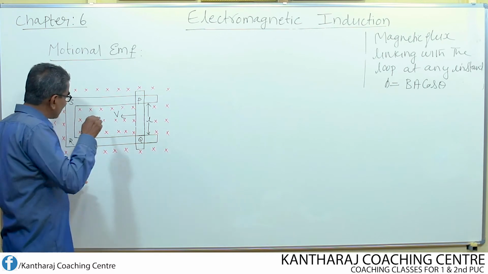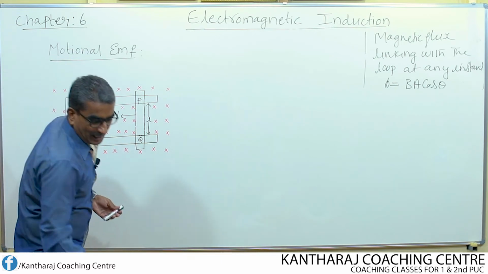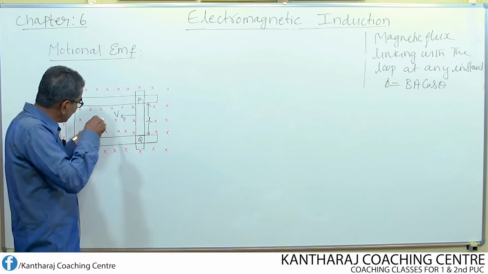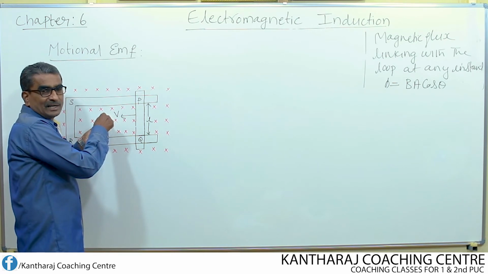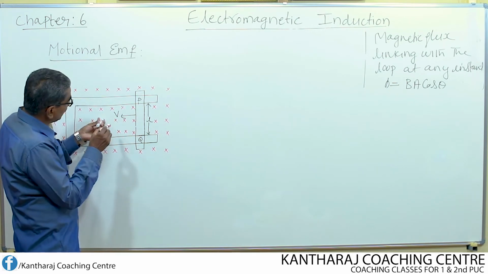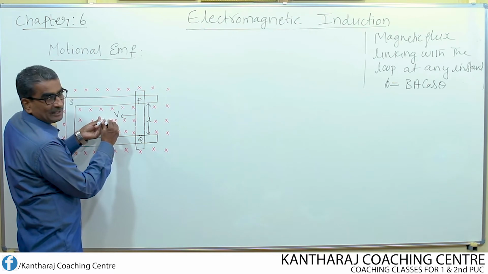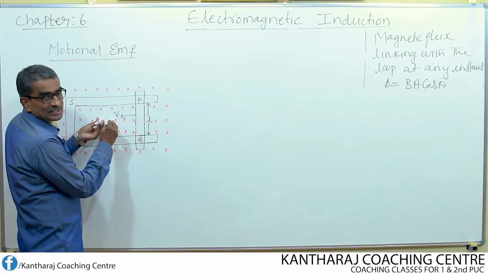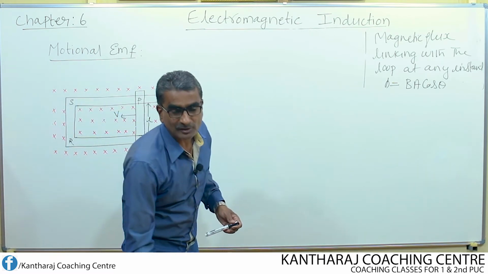Since the area vector is away from the loop and the magnetic field is also directed inwards, both are found to be parallel to each other. When they are parallel, theta becomes equal to 0.